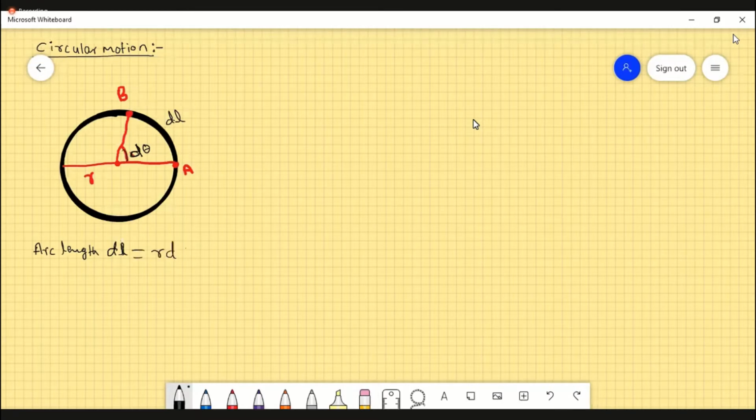This is the relation between linear displacement and angular displacement. This is equation 1. Remember it.